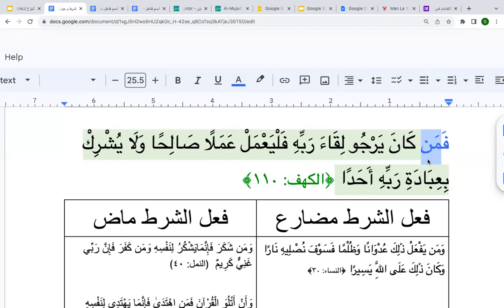As you are now advanced students of grammar, almost intermediate to advanced, you should understand that when we are calling adwatu shart jazima, and we use this statement tajzimul fi'lain, the statement means it is going to make two af'al majzoom.